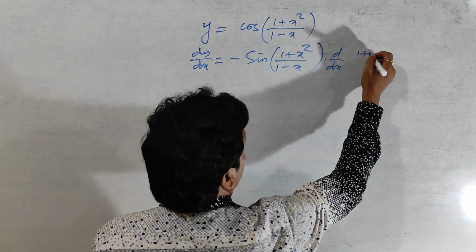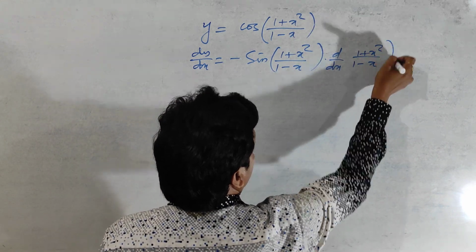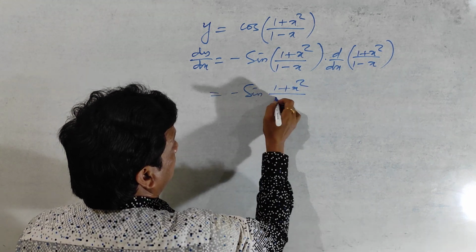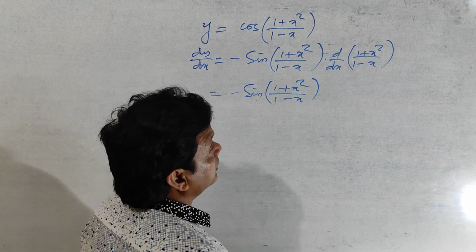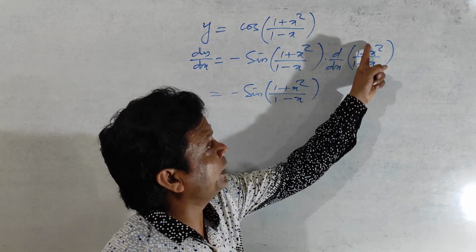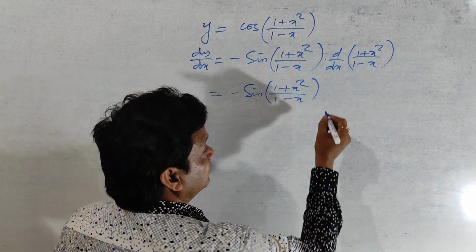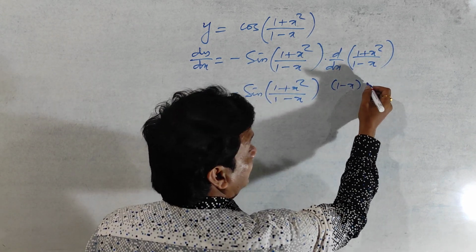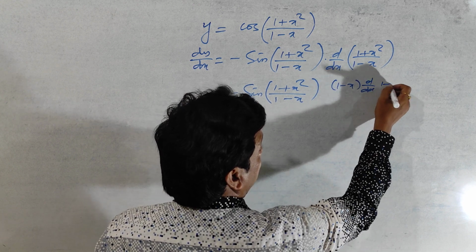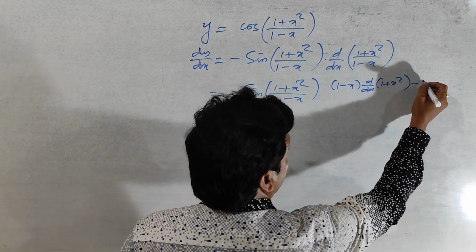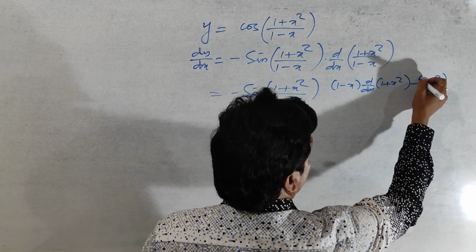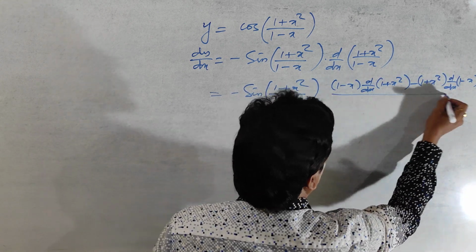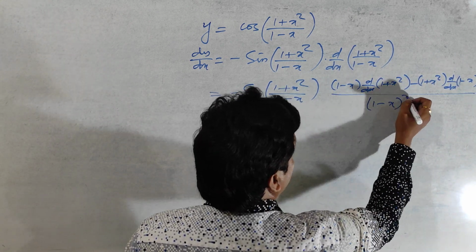This one, 1 plus x square by 1 minus x, minus sin of 1 plus x square divided by 1 minus x, and this is in the form of u by v. Simply apply u by v. v into the derivative of u, here v is 1 minus x. Derivative of 1 plus x square minus 1 plus x square into the derivative of 1 minus x, whole divided by square of 1 minus x.